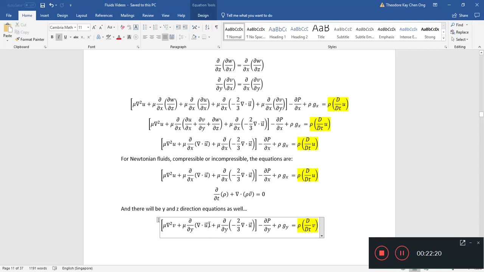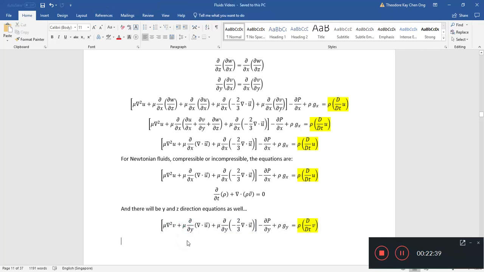All I've done is to change the derivatives from x to y. Of course, the g will be in the y direction, and the velocity is changed from x velocity u to y velocity v.